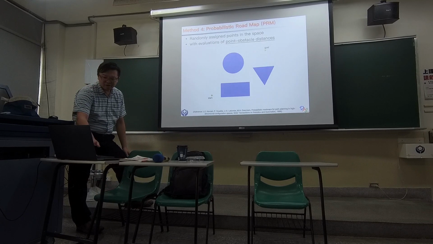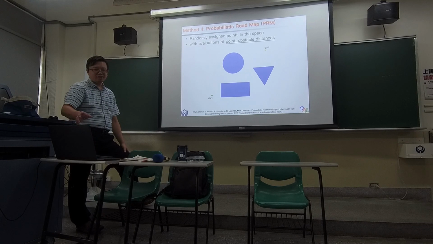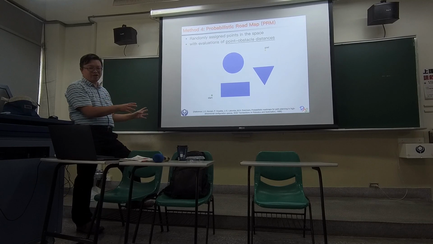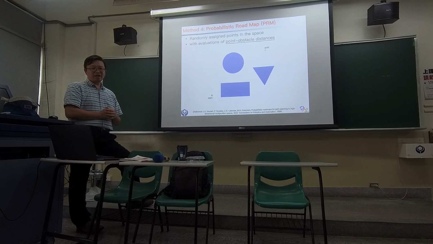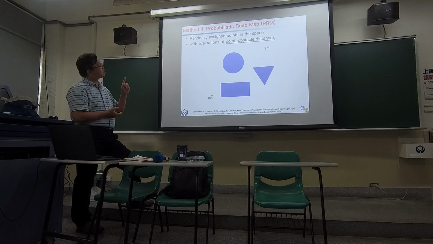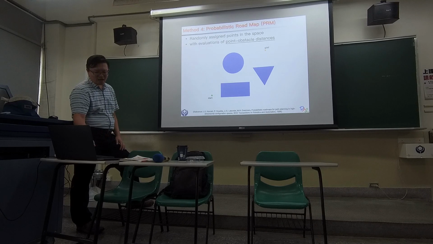Okay. Now from here, people started to try different ways. They try to use a random procedure. This is the so-called probabilistic roadmap. What did they do?